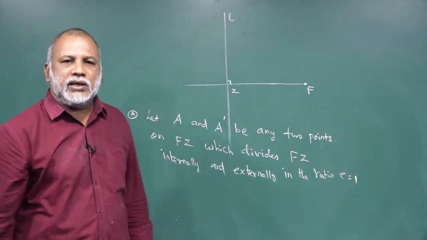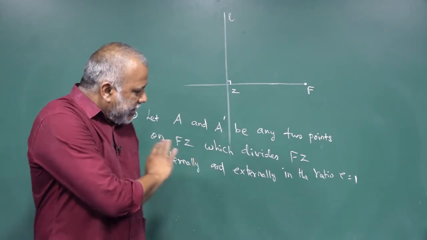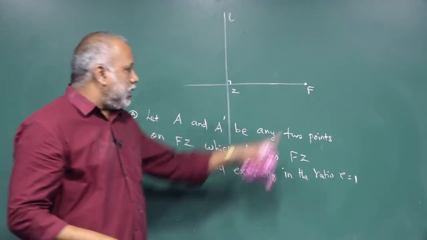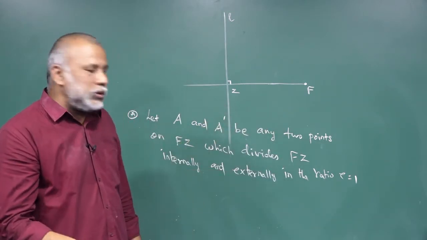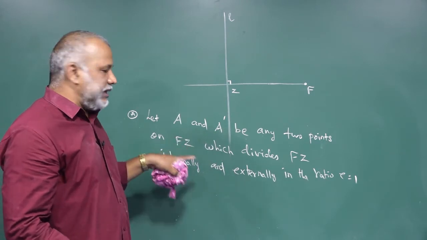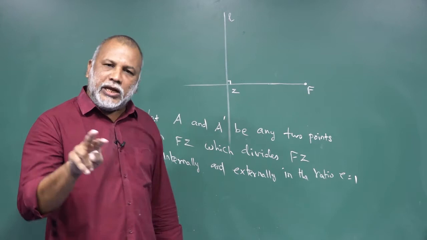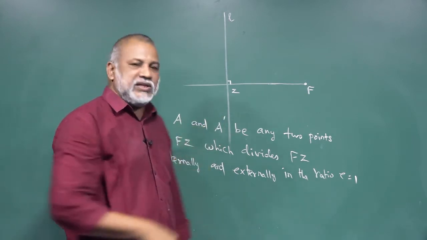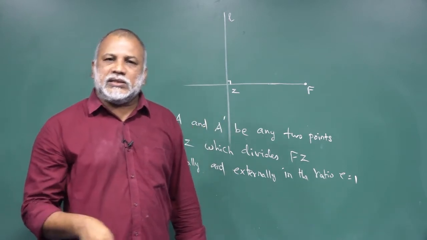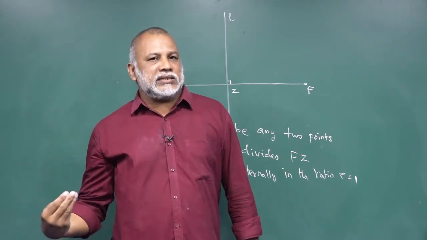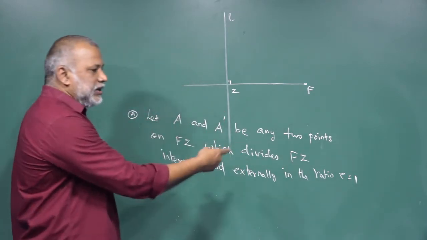You can refer to the standard equation of an ellipse, same explanation only. So draw FZ perpendicular to the directrix L. After that, let A and A dash be any 2 points on FZ which divide FZ internally and externally in the ratio E is to 1.